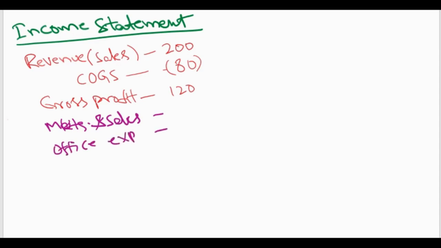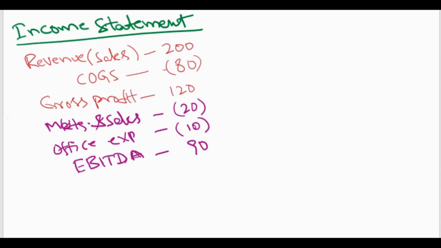Let's say marketing expenses of 20 million and office and admin expenses of 10 million. So now what do you get? EBITDA. Here 120 minus 30 is 90 million. So EBITDA is 90 million. What is EBITDA? Earnings before interest, tax, depreciation, amortization.